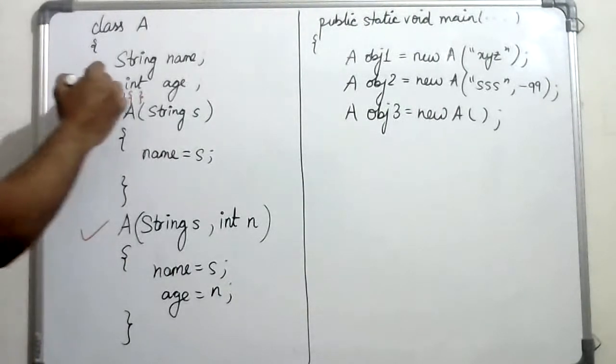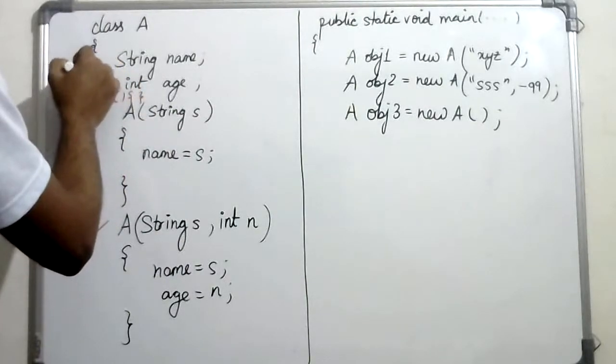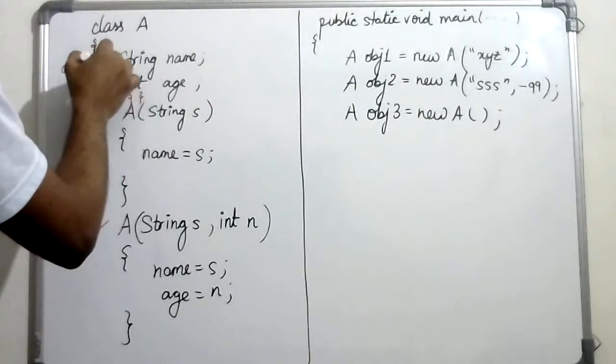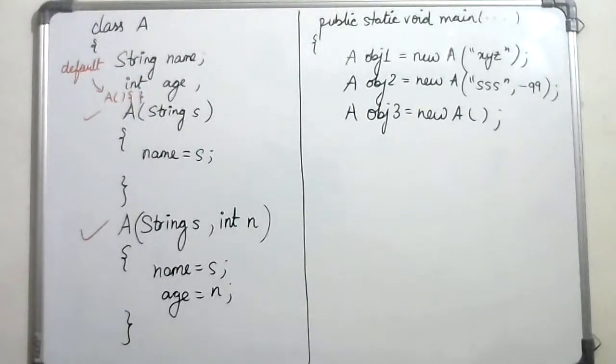So this is the default constructor. If you do not pass any arguments, the default constructor is called, which does not take any arguments.